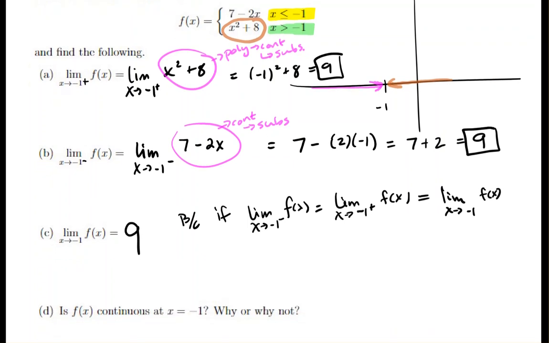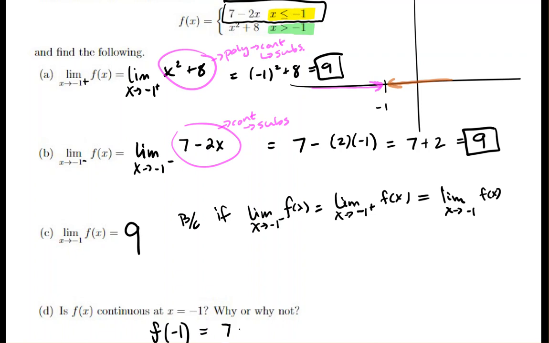So the remaining portion is they ask us, is it continuous at x equals -1? Well, we know the limit of the function exists. Let's evaluate the function at -1, and if it equals 9, then it is continuous. At -1, we are acting like this function because it said for all values less than or equal to -1.